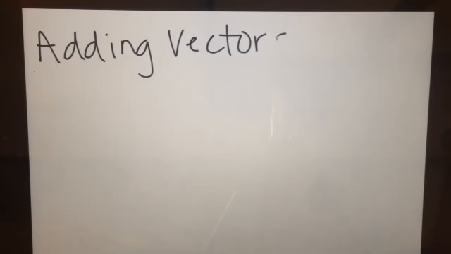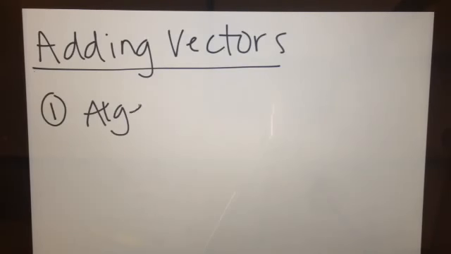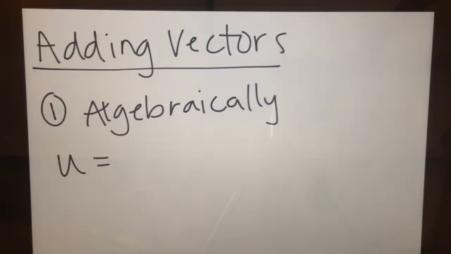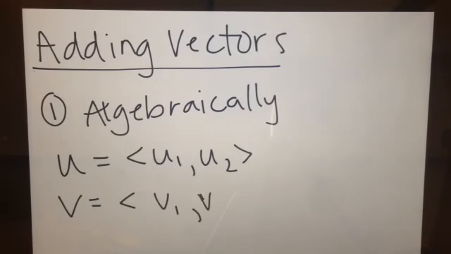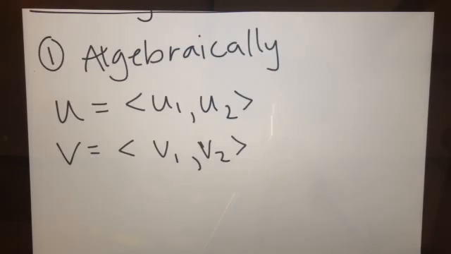Okay, and last in our notes, we're going to talk about adding vectors. And there are two different ways to do it. The first way to do it is algebraically. So we know that vector u is (u1, u2), and we'll say vector v is (v1, v2), and I wanted to know what vector u plus v is if I wanted to add them together.